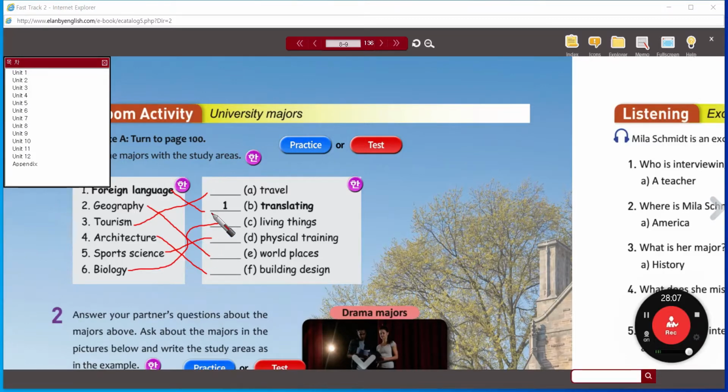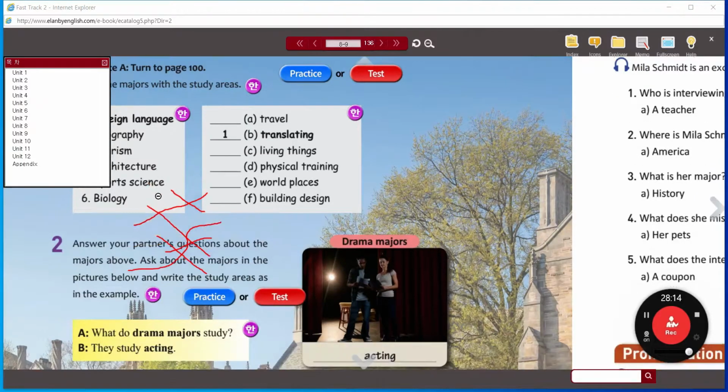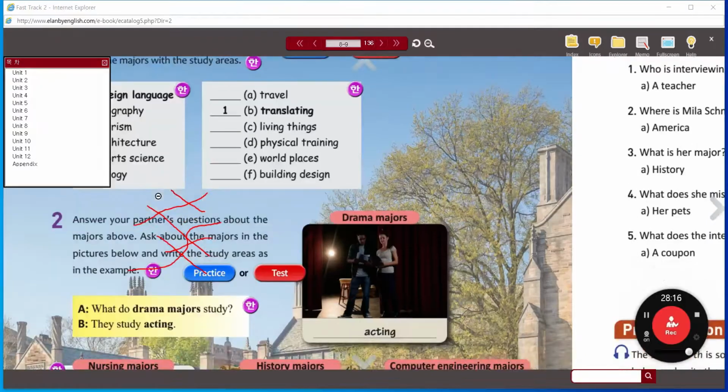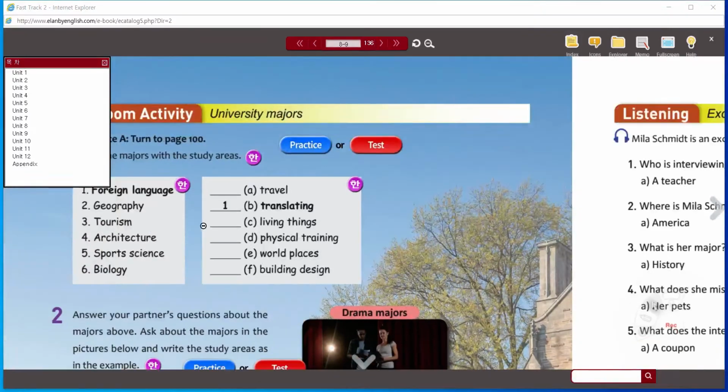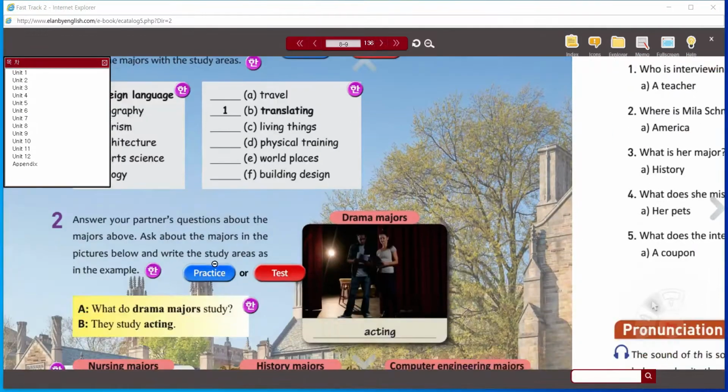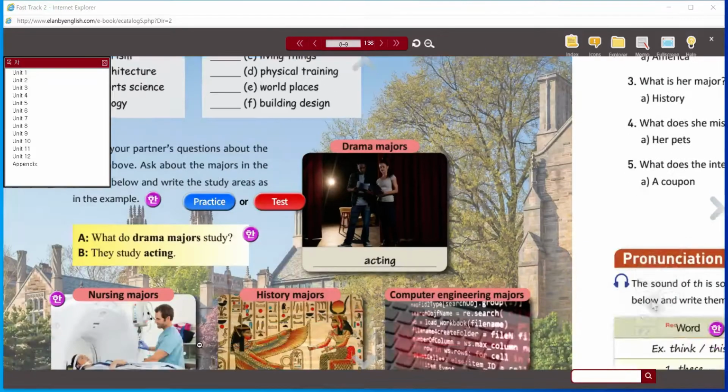Now that you've finished that and checked your answers, you can go down to part 2 here, and you're going to ask questions for your partner. Now, this information in part 1, that's where you're going to answer. So in part 2, you're going to ask these questions.